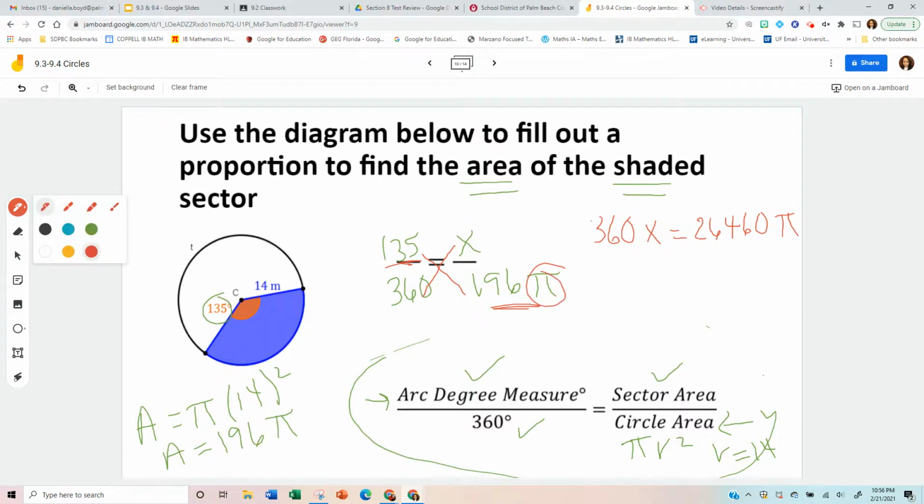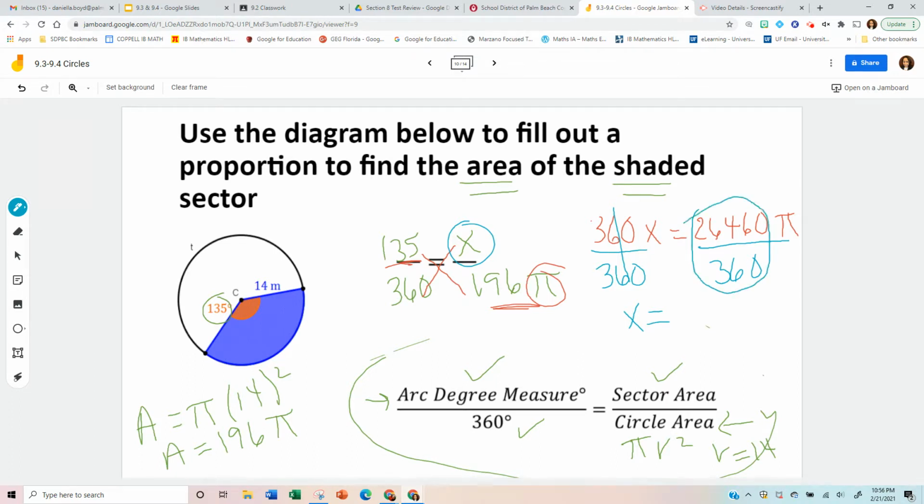Remember that we are solving for x. We're looking for x, right? Which means that I'm going to divide both sides by 360 so that I can cancel this out right here. And then I'm going to divide this side by 360. And so now I get x is equal to, and I'm going to go to my calculator and just divide the regular numbers together and put pi at the end.